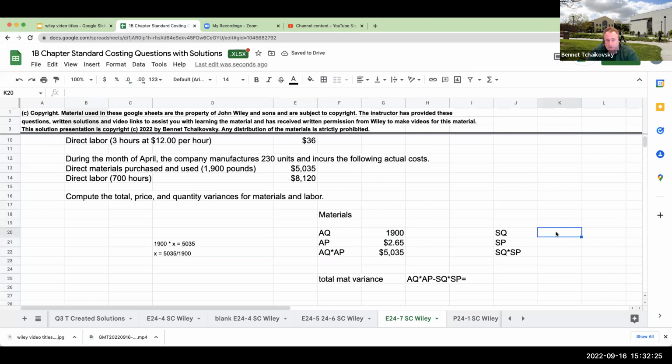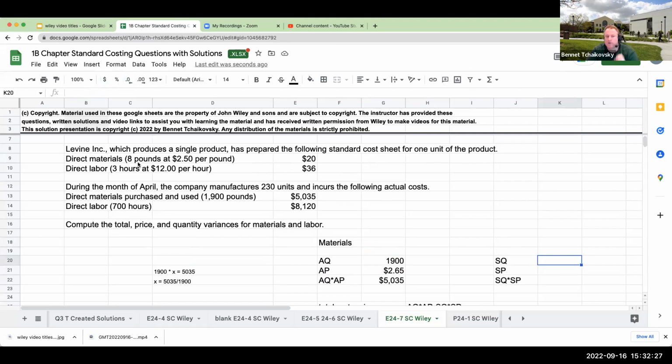How much should I have spent? Well, it's 8 pounds at $2.50 per pound for 1 unit. So my standard price per pound is $2.50. My standard quantity, because I produced 230 units, is 230 units times 8 pounds, so 230 times 8, or 1,840.